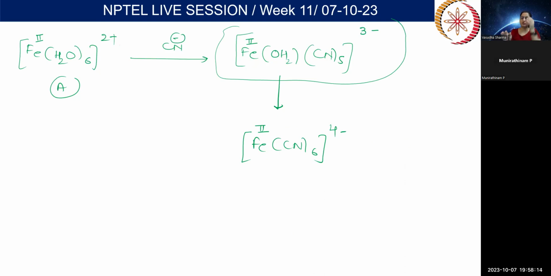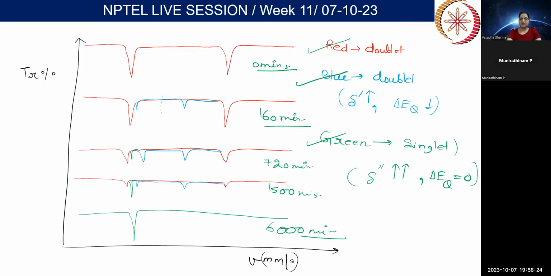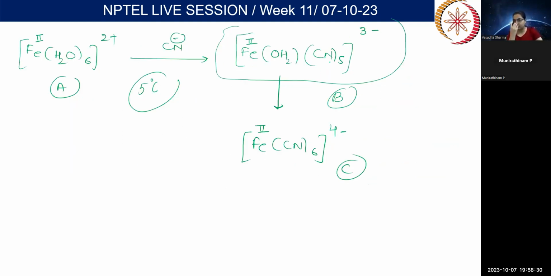That means all the water molecules have been replaced by CN. But since we were working at a low temperature, 5 degrees only, we could isolate all the A, B, and C. That's why in the spectra, we could have the red trace, blue trace, and green trace. Is this point clear? Why is temperature important?